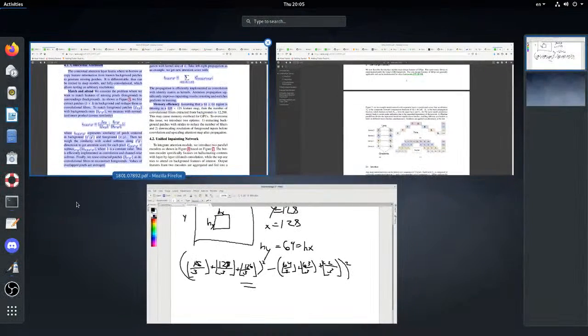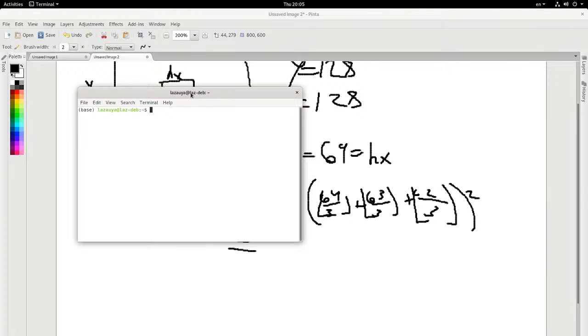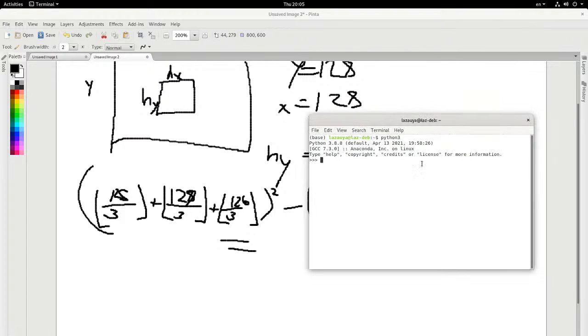So I'm going to open up Python. 127 over 3, 126 over 3, minus 64 over 3, plus 65 over 3.